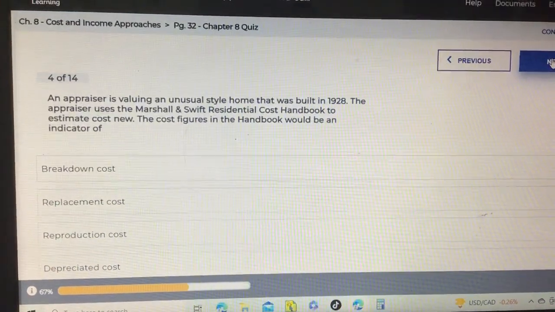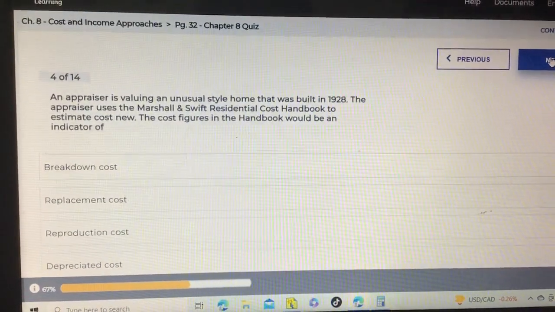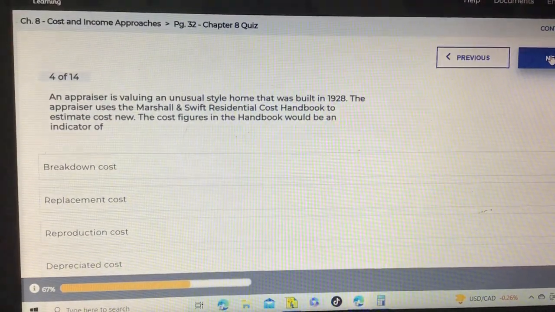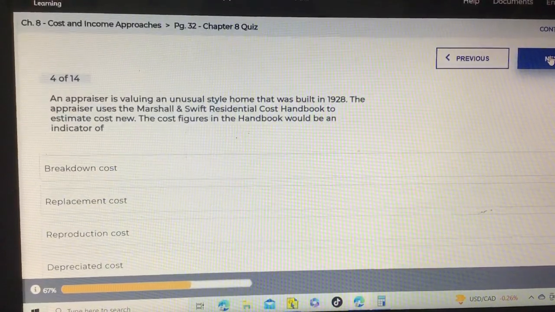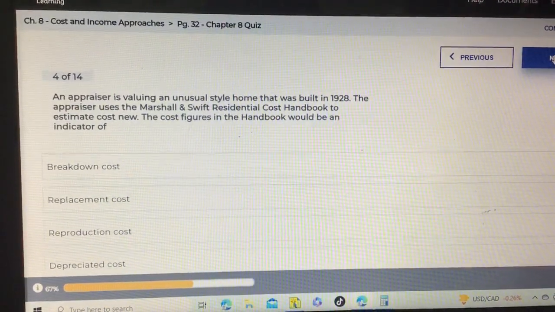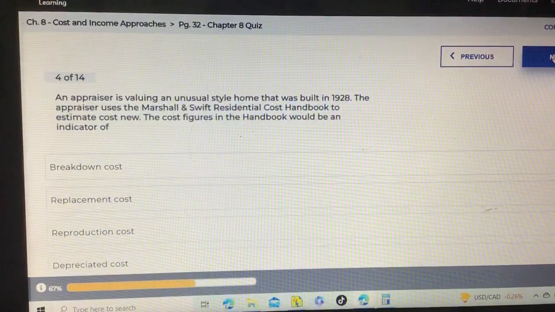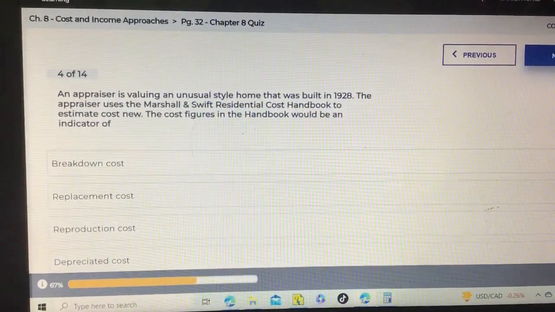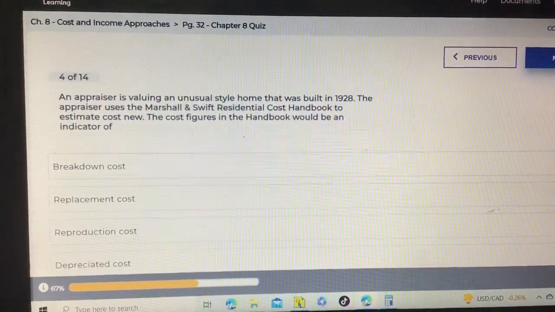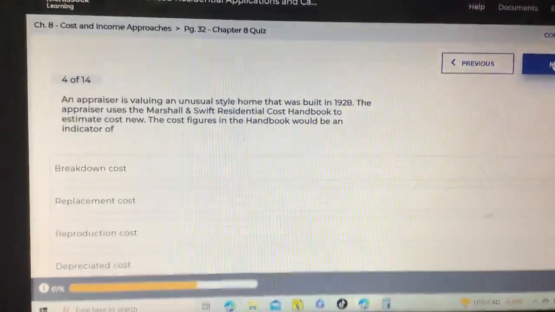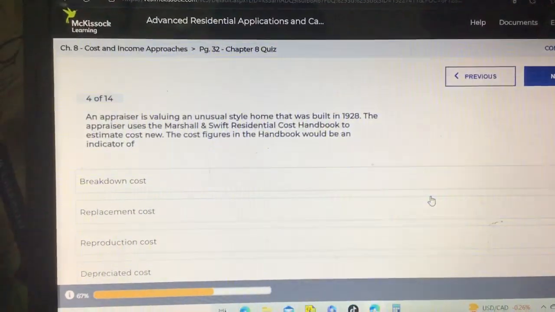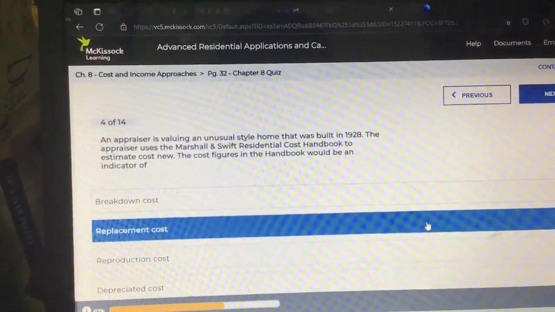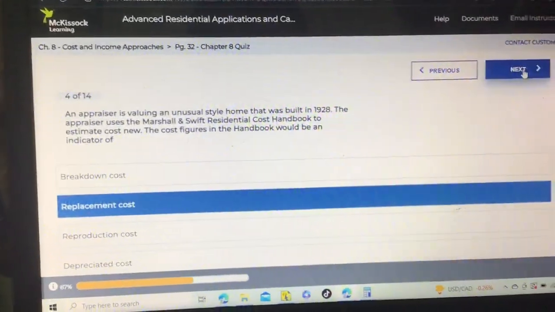That was my original thought, was breakdown cost. But I'm still thinking it's coming down to replacement versus reproduction. I'm going to go replacement cost. This one I'm not sure on. I think I got like a 1 out of 3 chance of making this one right.